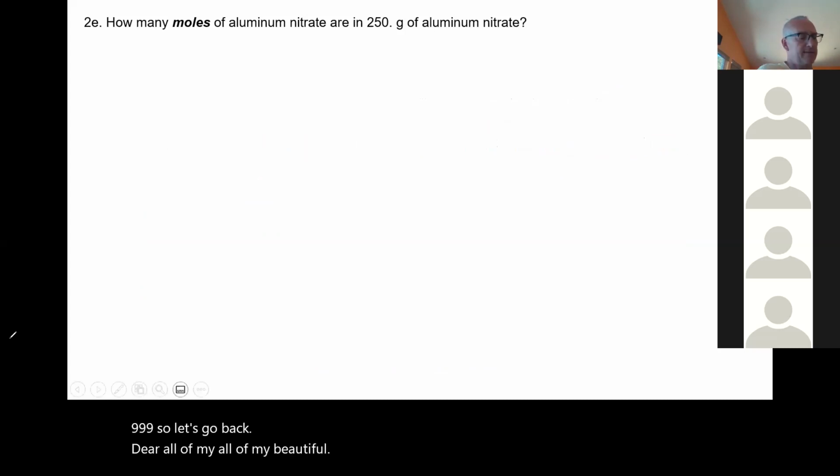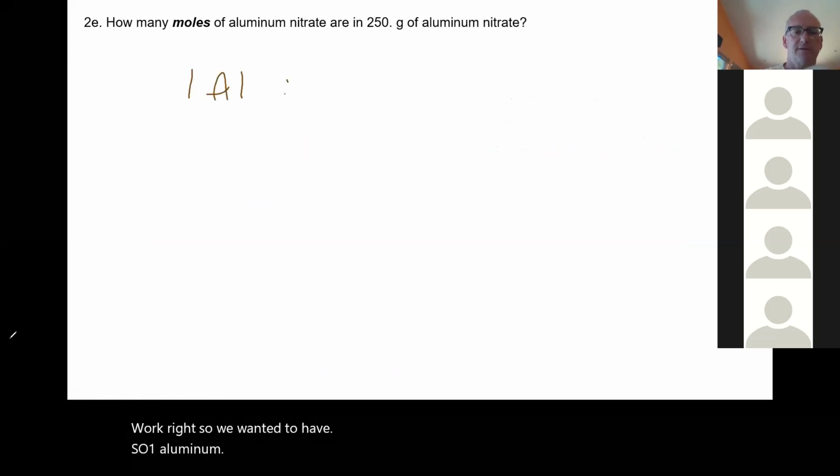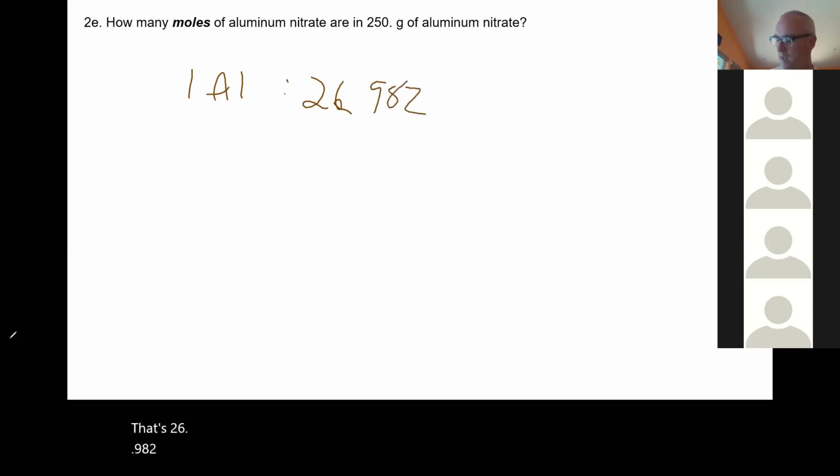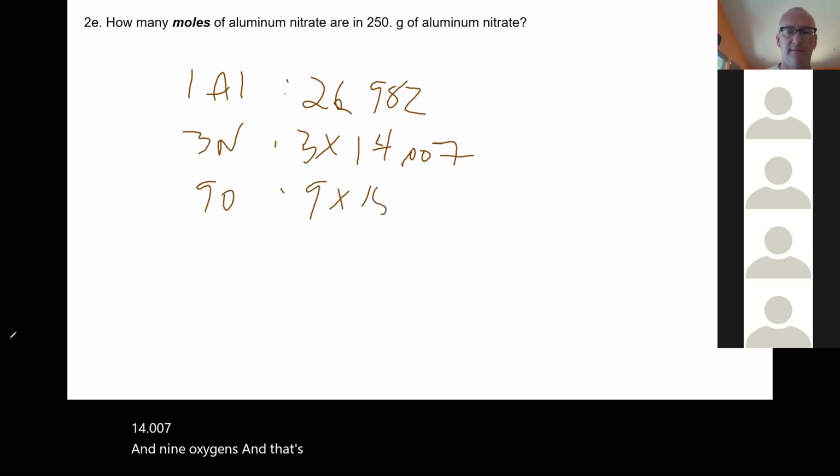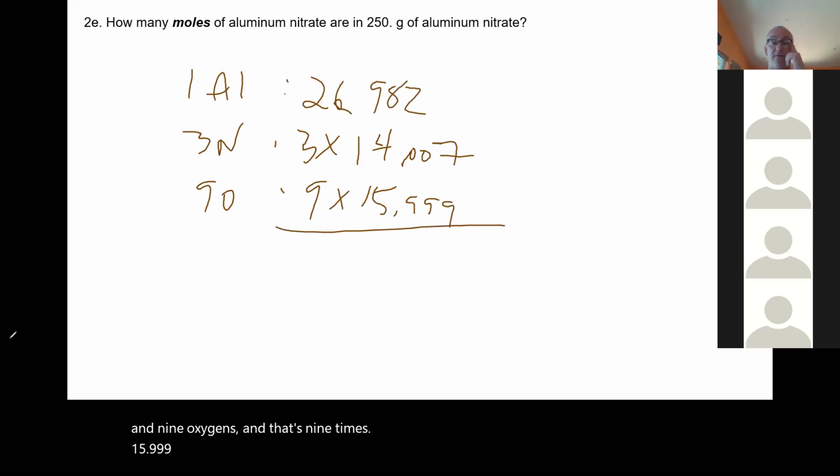Right, so we wanted to have 1 aluminum, that's 26.982, and 3 nitrogens, so that's 3 times 14.007, and 9 oxygens, and that's 9 times 15.999. All right, someone want to do that math for me, please?